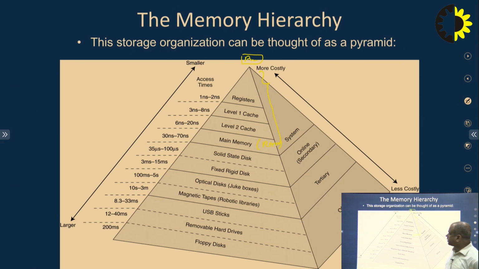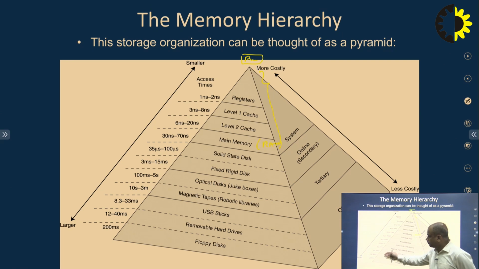If I talk about the access time, a register takes 1 to 2 nanoseconds for processing our data. The L1 cache takes 3 to 8 nanoseconds. The L2 cache takes 6 to 20 nanoseconds.